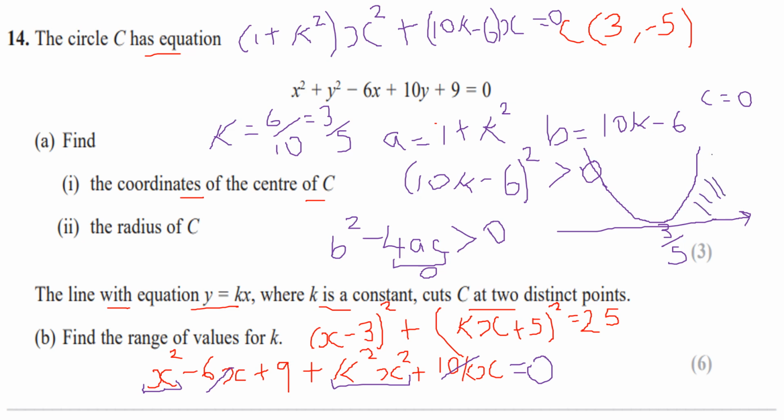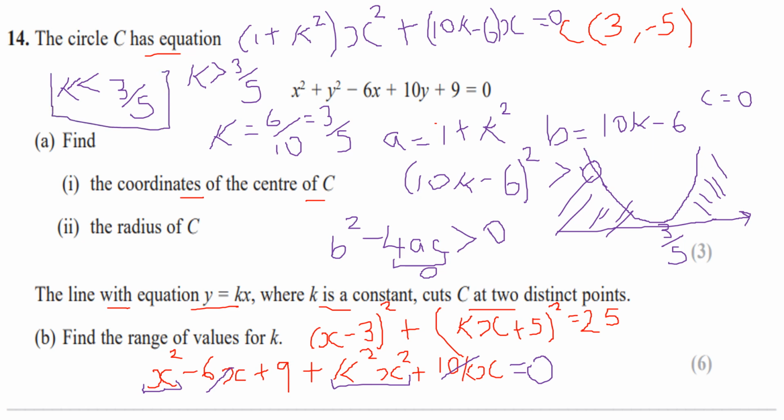It's above it when k is less than 3/5, but it's also above it when k is greater than 3/5. So k can never equal 3/5 basically. It has to be less than 3/5, and or greater than 3/5.